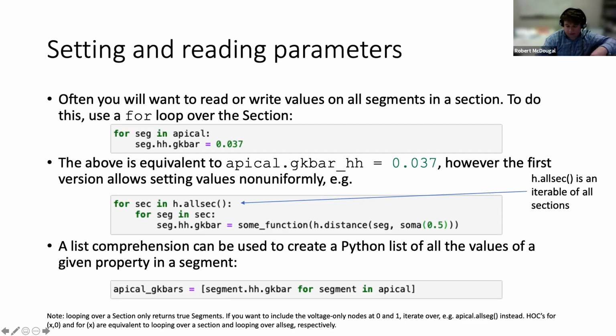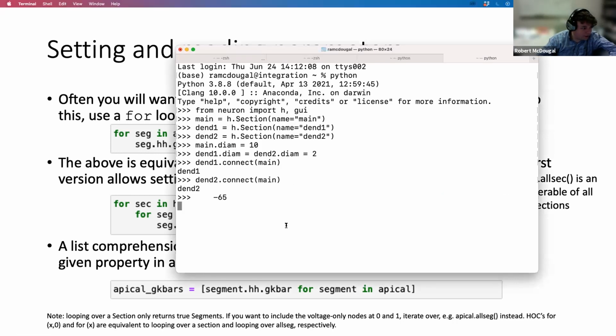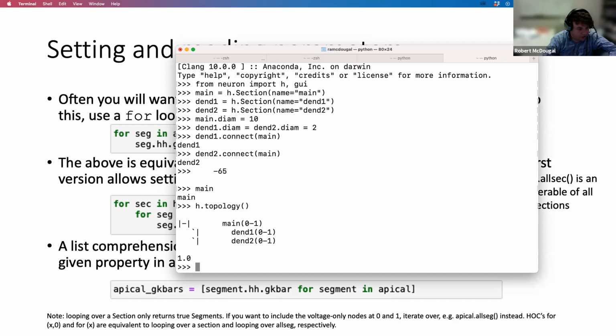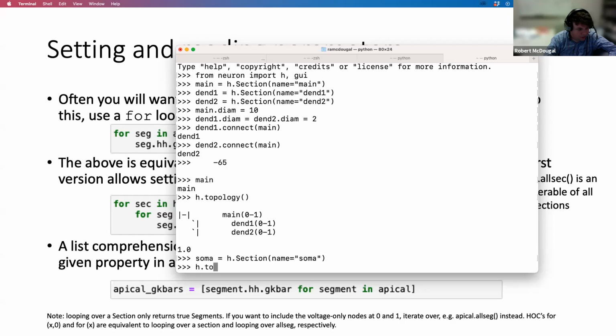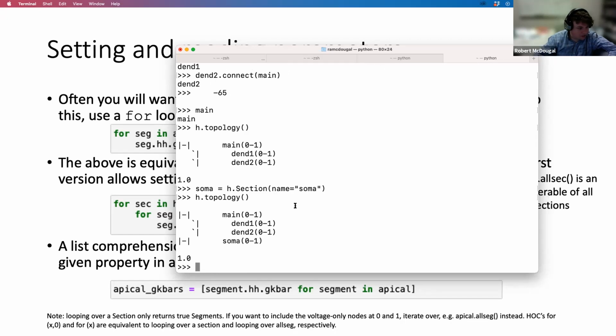If I have a specific section, let me see. Going back here, remember when I did the topology, what do I have? I have a thing called main, it's got a dend1 and a dend2, and let's say I have somebody else, a thing called soma, with the name soma. Now if I look at the topology, I'll see that I have two top level things, the main and then the soma.